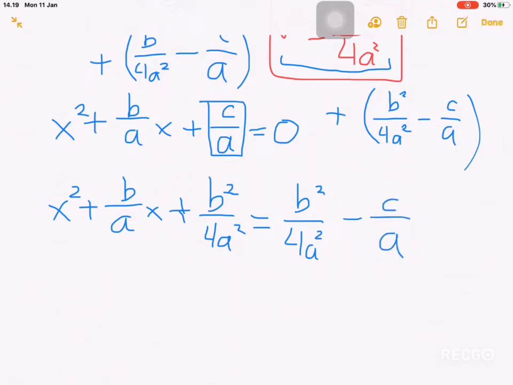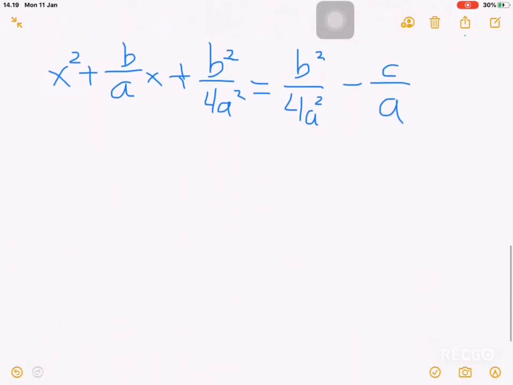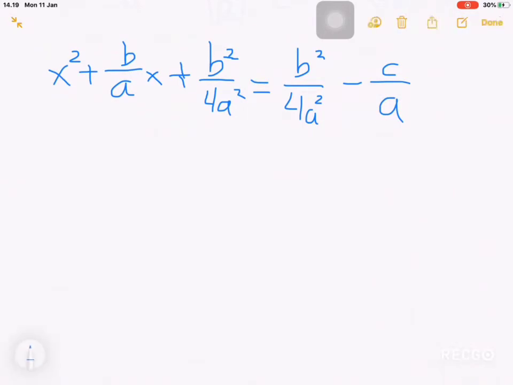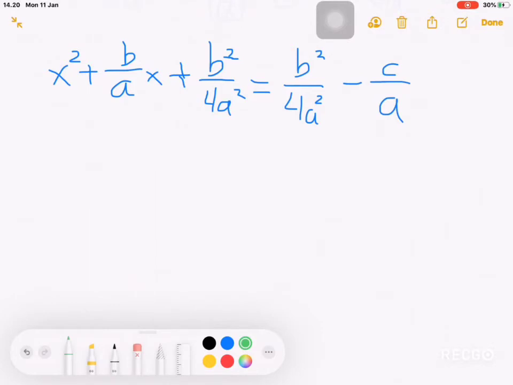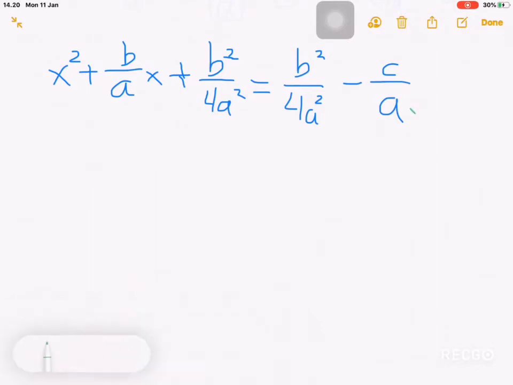And we can do a little bit of simplification right here, and combine this into a single fraction. You can multiply both the numerator and the denominator of this fraction by, let's see, 4a, and this will be equal to b squared.